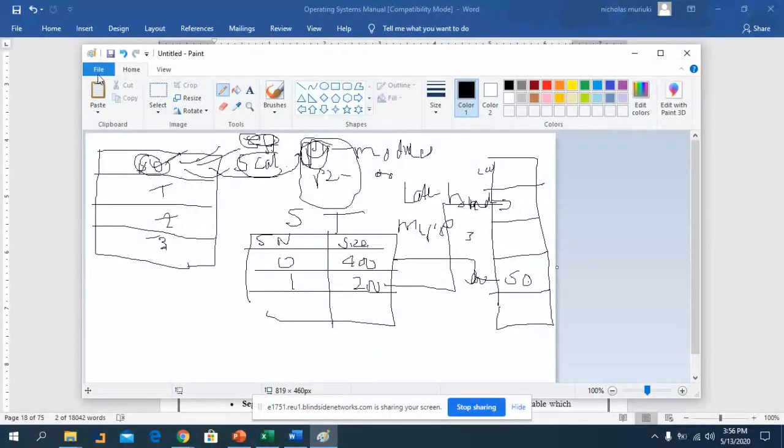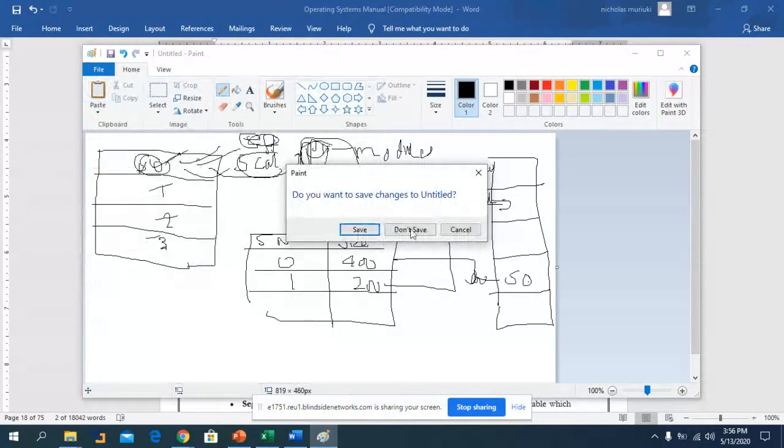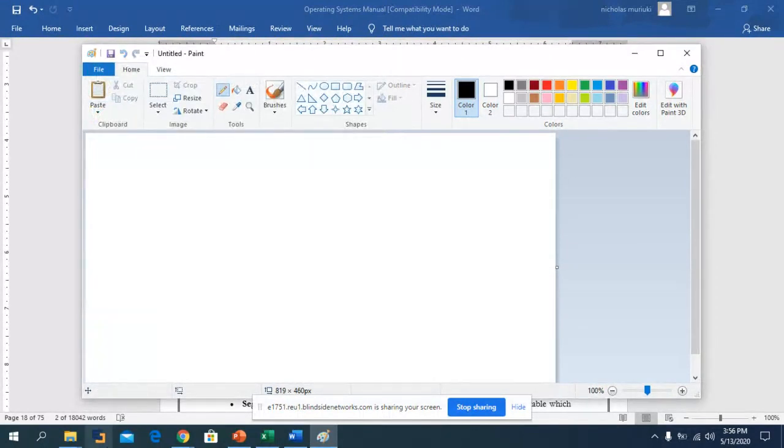So if somebody asks a question, maybe to explain what segmentation is through the use of a diagram, what I expect you to do is come up with a logical segment table.